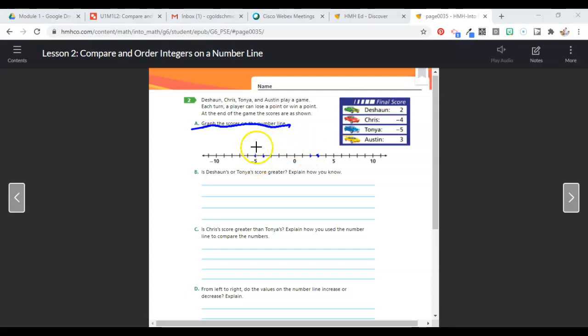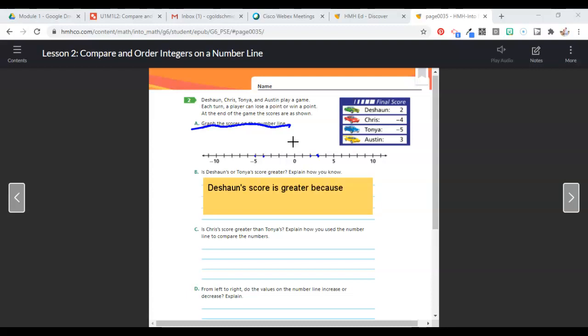Tanya got -5. And the first thing you always check is if one's positive and one's negative. Deshawn is positive, so his score is higher. So Deshawn's score is greater, and explain it.